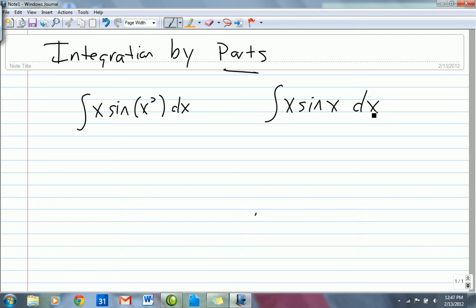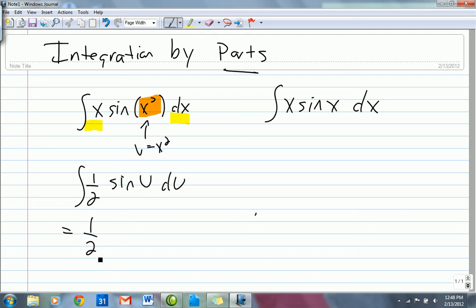Now they're very similar, and what we're establishing is that this one is a nice integration by substitution problem, because if that's my u, then everything else that's left will be maybe not exactly, but certainly a multiple of du. And so by a simple substitution, the 1/2 du ends up being x dx, and that ends up being sine of u, which I can then integrate.